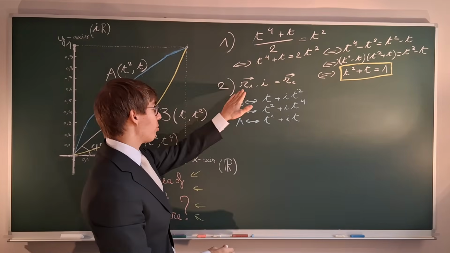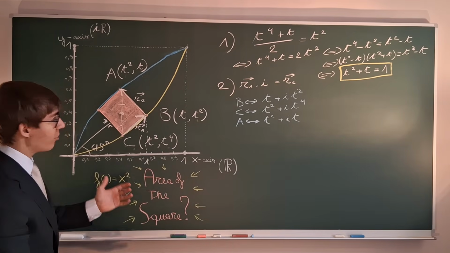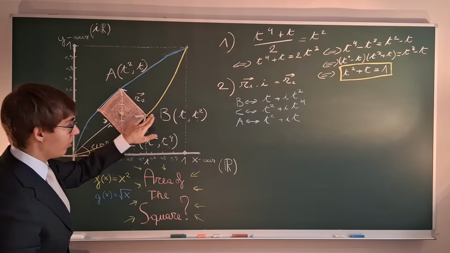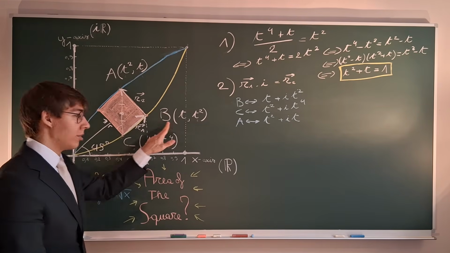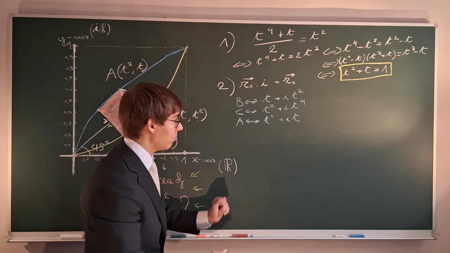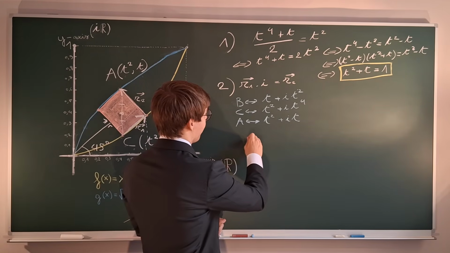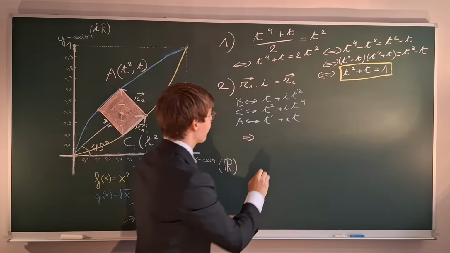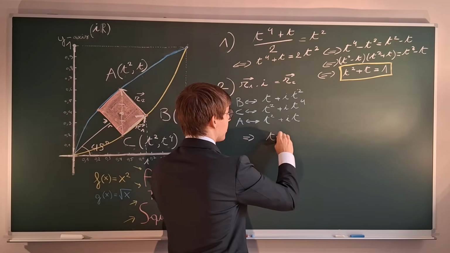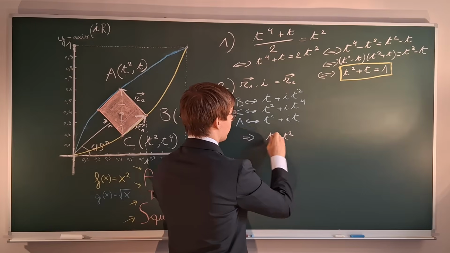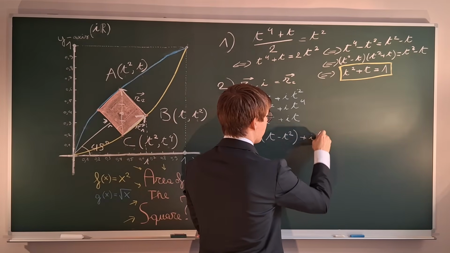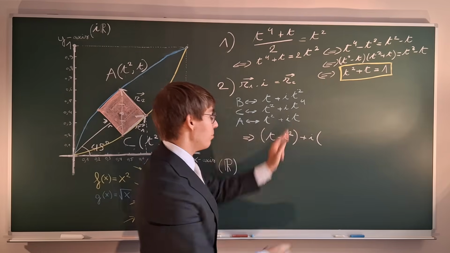But now vector R1 we can write as the difference of the following complex numbers, which is the endpoint, which is B, minus the starting point, which is point C. So we get that vector R1 is equal to t minus t squared plus i times t squared minus t to the power of 4.